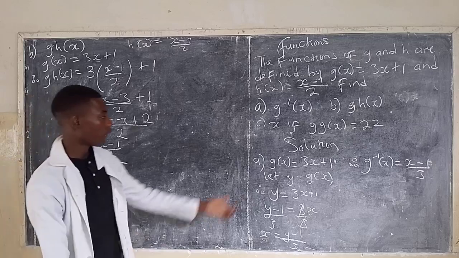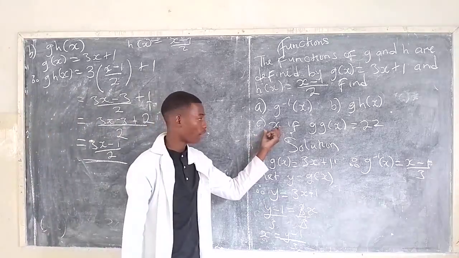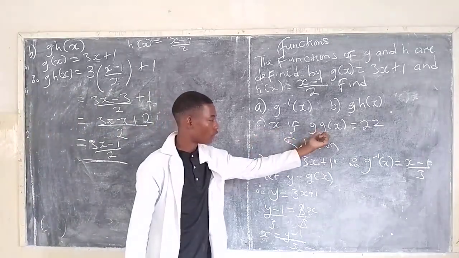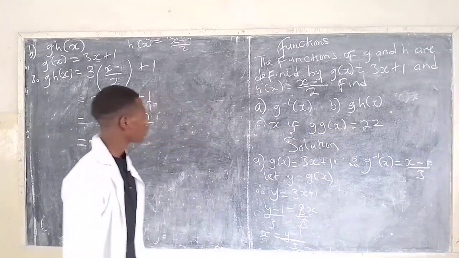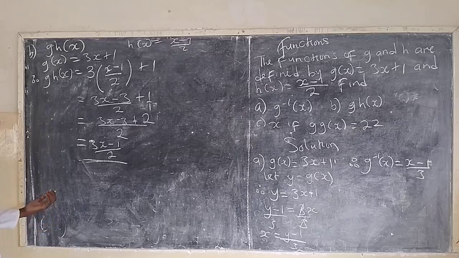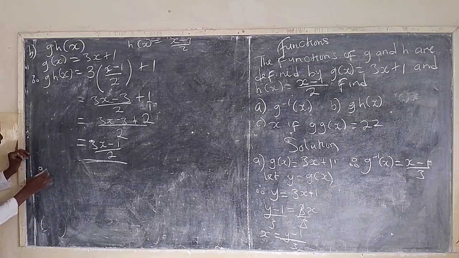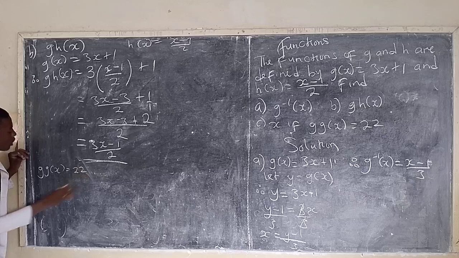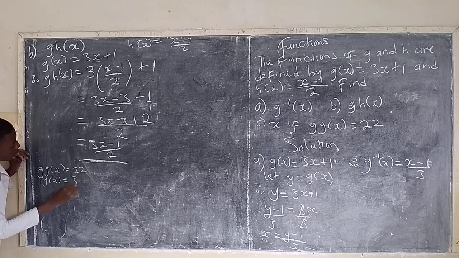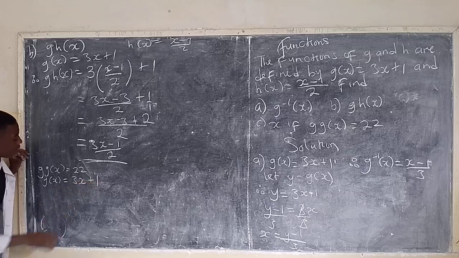Last but not least, we are told to find the value of x if gg of x is equal to 22. So how are we going to do this? First we need to find gg of x. We say g of x equals 3x plus 1.